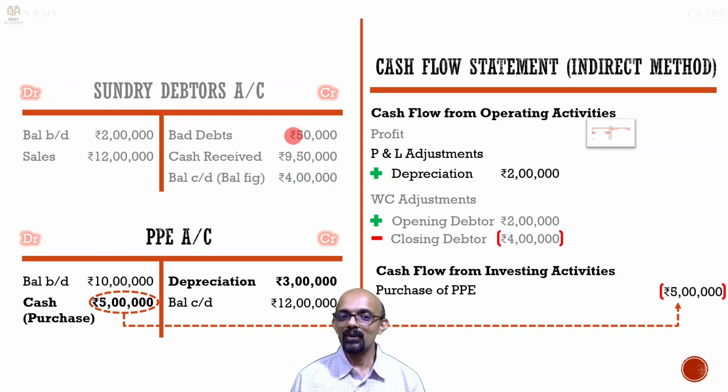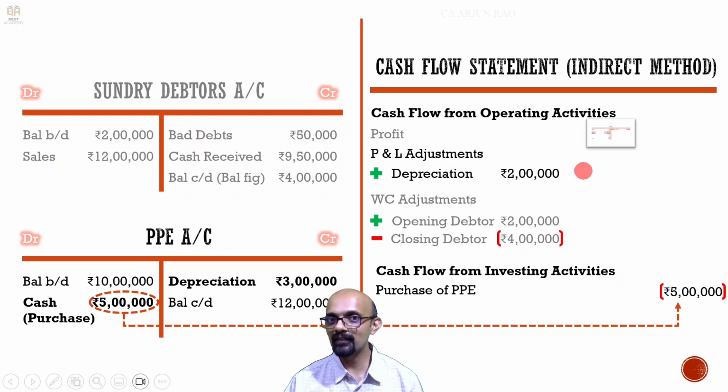No. So the logical way to understand the adjustments in cash flow statement is, first check which ledger account that expense or income relates to. The cash flows in that ledger account, are they going to be shown directly or indirectly? If they are going to be shown directly, you need to remove them. If they are going to be shown indirectly, we need them. That's why we don't make an adjustment, right?